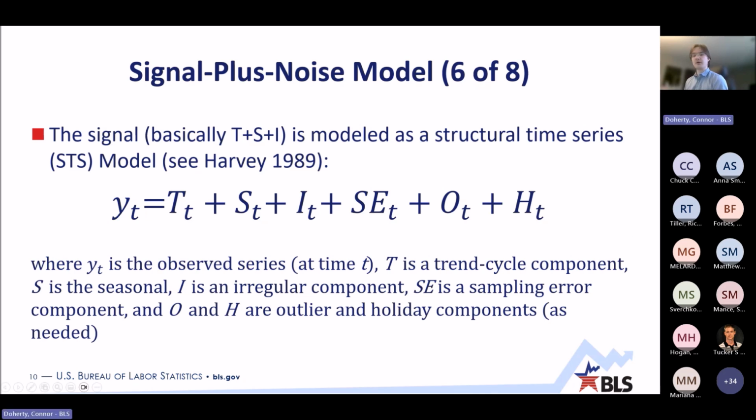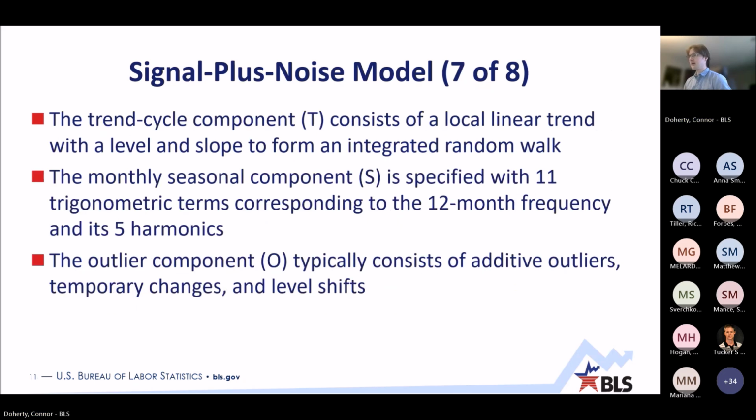So let's look a little more at each one of these terms, just real quickly. T, the trend cycle component, consists of a local linear trend with a level and slope to form an integrated random walk. The monthly seasonal component, S, is specified with 11 trigonometric terms corresponding to the 12-month frequency and its 5 harmonics.